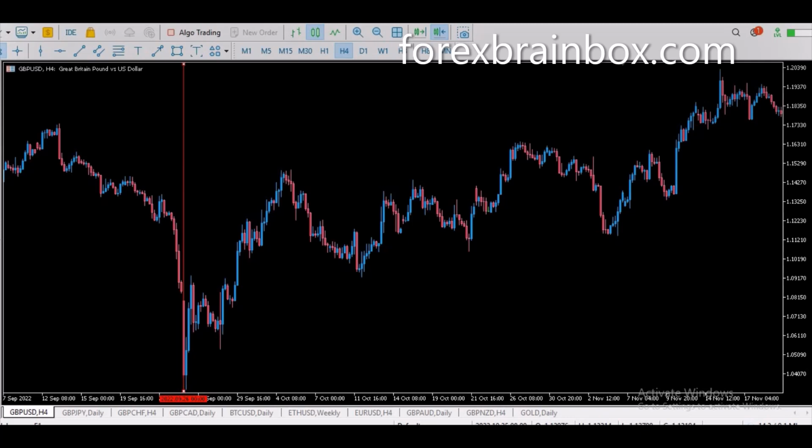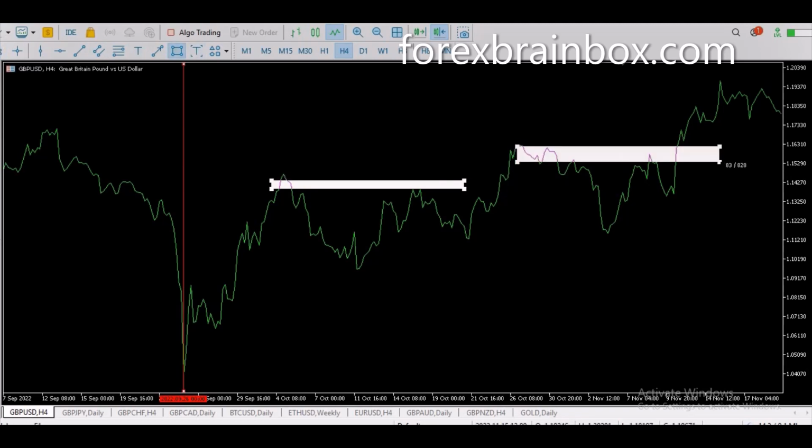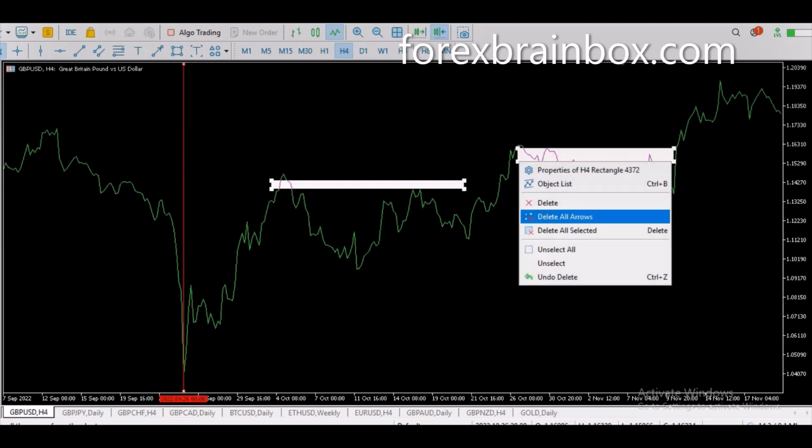But it doesn't mean you won't find a resistance level, but we have no business trading on resistance zones because our dominant trend is bullish. As you can see here, it's a resistance level, but we have no business selling right here. Rather, we are looking at support levels for ourselves.